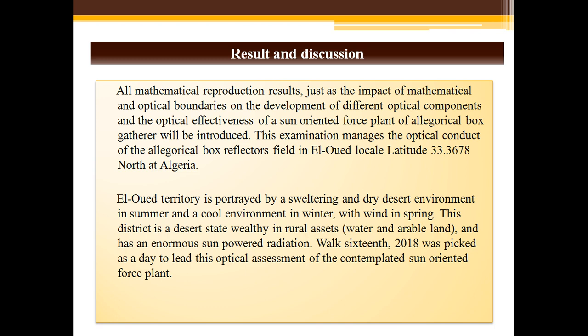The latitude is 33 North, Algeria. The Al-Uwaid area is characterized by a hot and dry desert climate in summer and cold climate in winter, with wind in spring. This region is a desert state rich in agricultural resources, water and arable land, and has large solar radiation. March 16th, 2018 was chosen as the day to conduct this optical examination of the studied solar power plant.